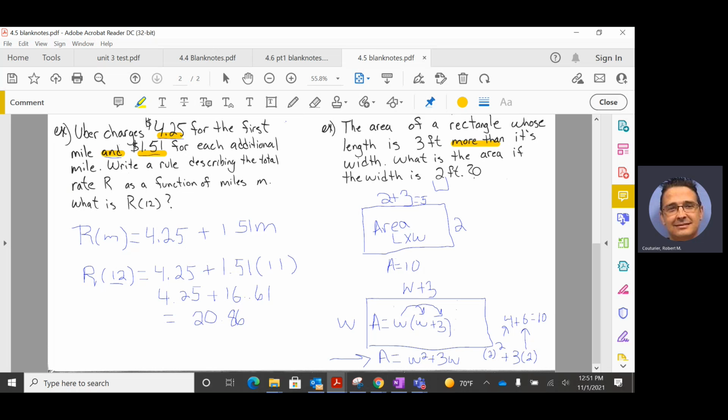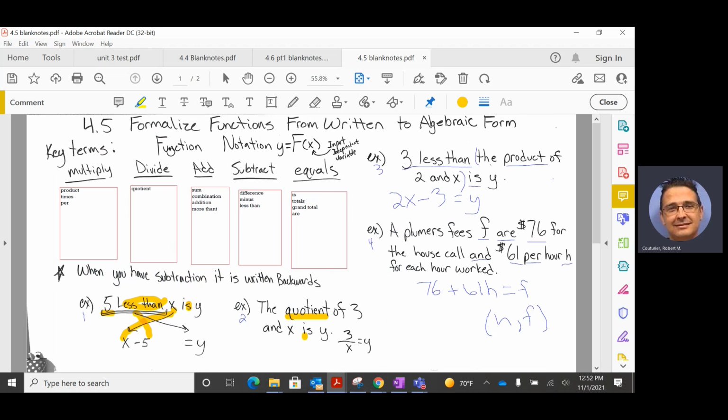All these things are important as we go through these different word problems, guys. We read carefully. These words that we've put in these boxes help us identify these key features that allow us to put things in. 3 less than, minus 3. What is it less than? The product of 2 and x, meaning 2 times x, is y. All these individual little pieces add up into this class.